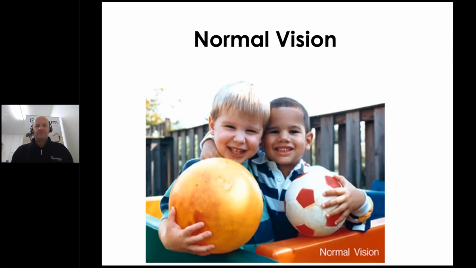So I've got a couple of slides coming up, which just for people who don't understand these different eye conditions, will just demonstrate what it would look like for the person looking at this picture. So this picture of two boys in the park with a different eye condition. So the first slide is normal vision.